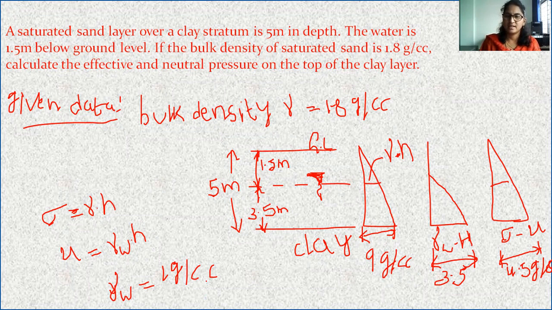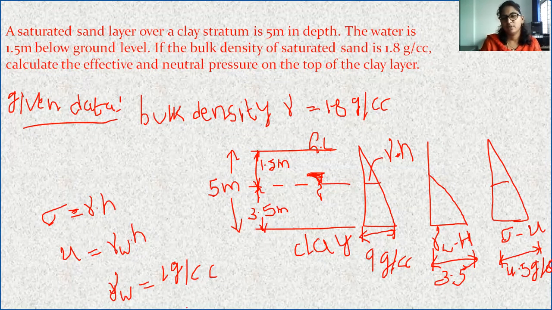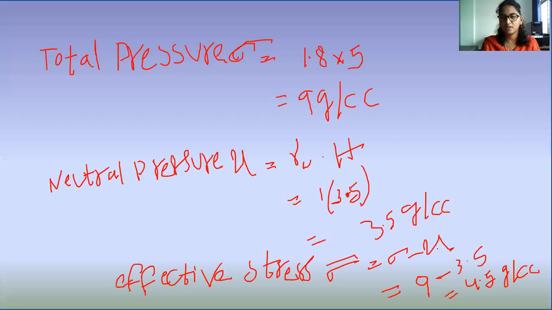Saturated sand is already given as 1.8, so 1.8 multiplied by 5 is 9 gram per cc. For the second layer, gamma W into H, that means 1 gram per cc into 3.5, and we can calculate effective stress is equal to sigma minus u, that is equal to 4.5.